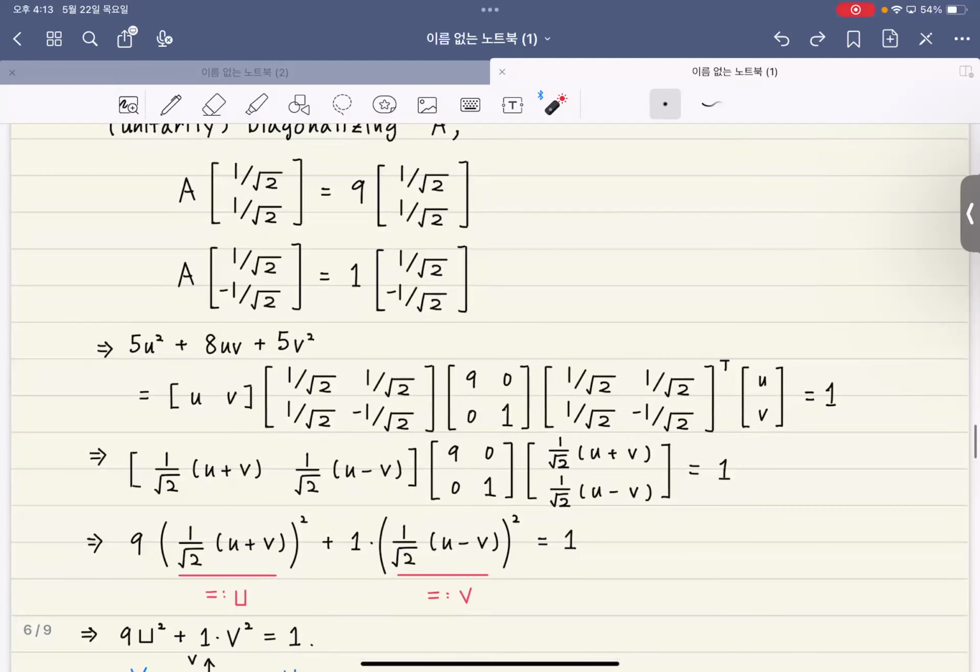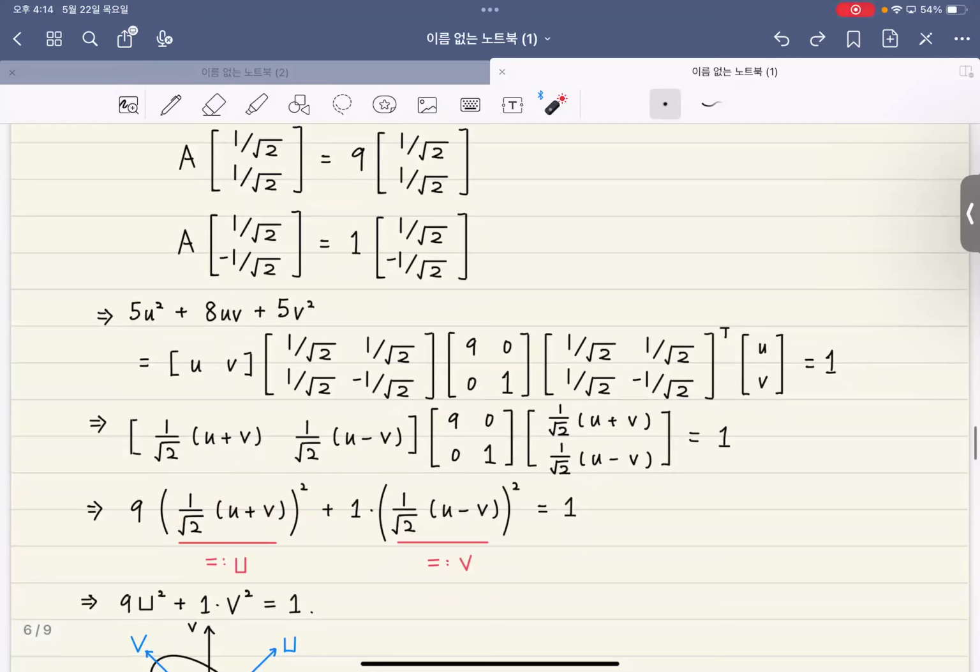So let me declare the expression in this parenthesis to be my large U, and this guy to be my large B. Then I get another quadratic equation: 9 times large U squared plus 1 times large B squared equals 1.